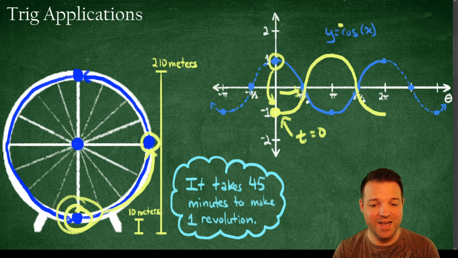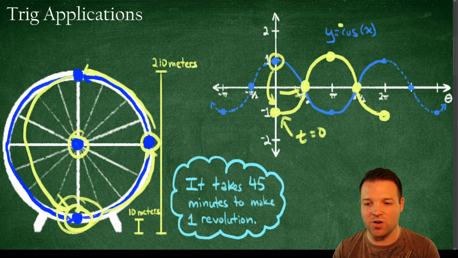Well, I'm at height 0 relative to the center of this, right? And here we're at height 0. I go another 90 degrees, and now I'm at the maximum. Perfect, right? And this thing seems like it's following it very nicely. Another 90 degrees, it's going to be at 0 again, and then another 90 degrees, and we have gone back down to where we started right here.